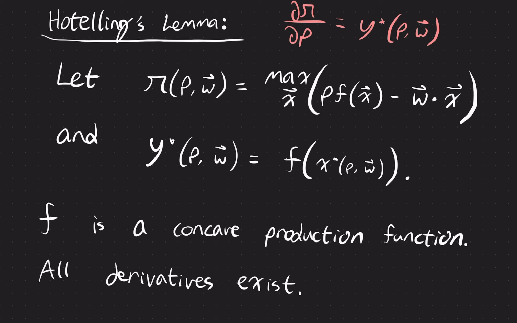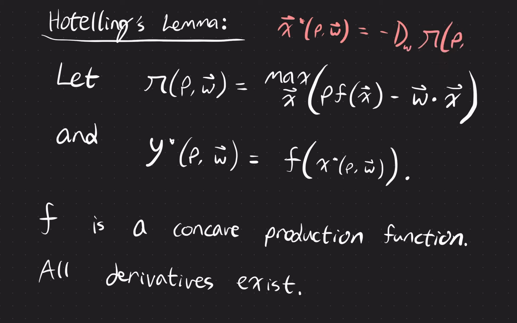The next thing we're going to show is that the optimal x, the vector of optimal x's, is going to be equal to -1 times the w gradient of profit with respect to p and w.